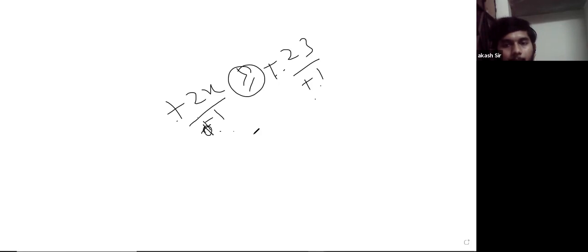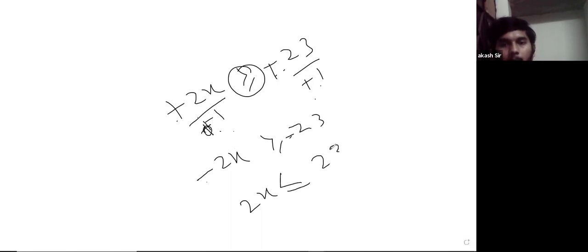Yes, sir. Okay, so please keep that in mind whenever dealing with negative signs in inequalities. It's very crucial. So if we cancel this negative sign, then you will write less than equals to 23. You will have to change the sign.